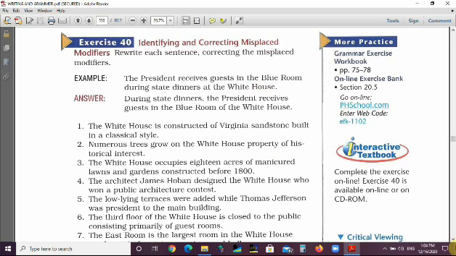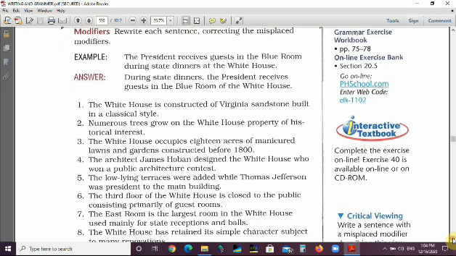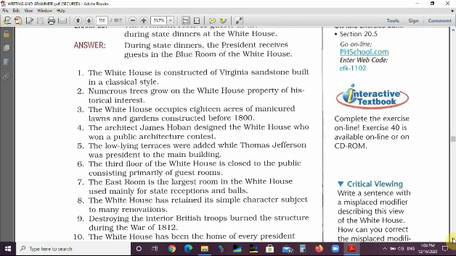We'll take number 1 and 2 as an example. Number one: The White House is constructed of Virginia sandstone, built in a classical style. From this sentence, there is a misplaced phrase, built in a classical style, which, as it is clear here, may modify the word Virginia sandstone.